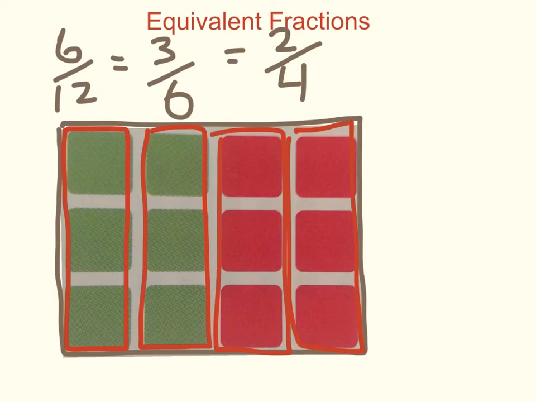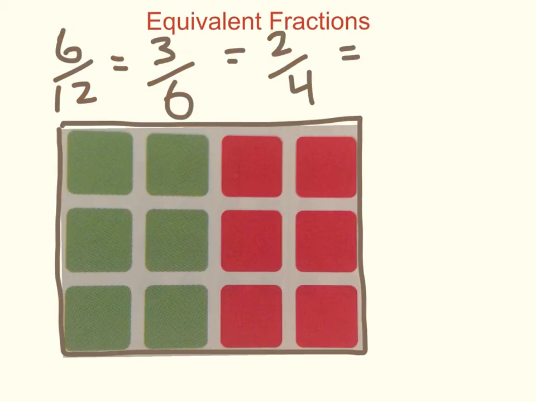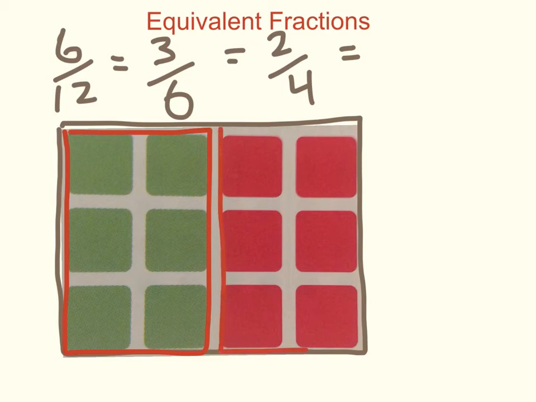Excellent. It's the same rectangle as 6/12, and the same rectangle that we had when we found 3/6, and the same when we found 2 out of 4 groups, or 2/4, being green. So these fractions are all equivalent. There's one more way we could group this. I could group this rectangular picture into 2 equal sections, those green ones and those red ones.